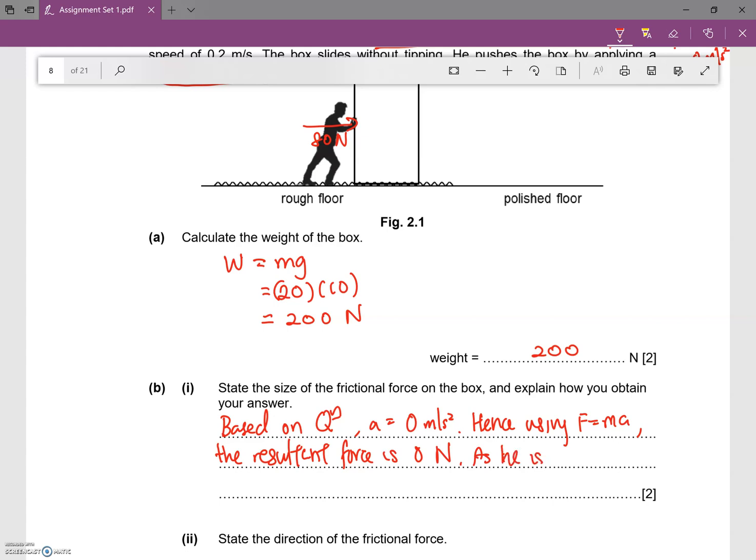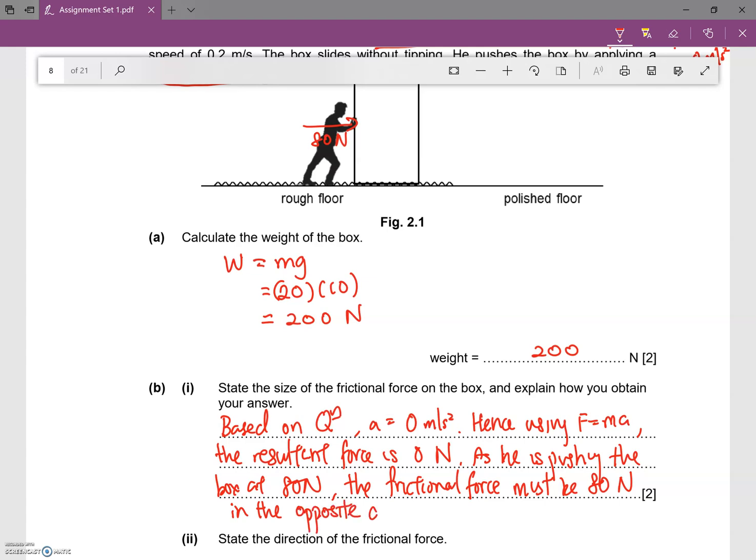as he is pushing the box at 80 Newton, the frictional force must be 80 Newton in the opposite direction from the pushing force.